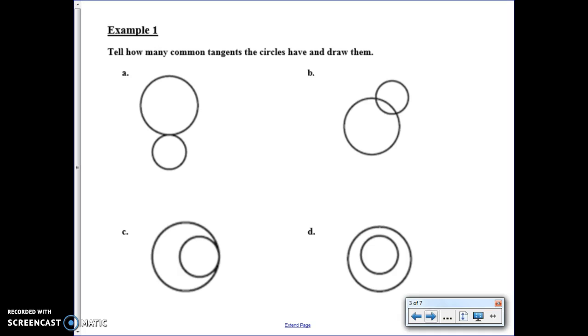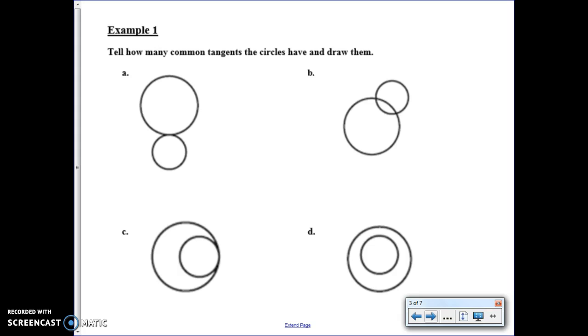So now, for example, when it says tell how many common tangents the circles have and draw them, you'll want a straight edge here so that you can line this up. Common tangents means how many ways can I draw just one line that's going to touch both circles at just 1 point.